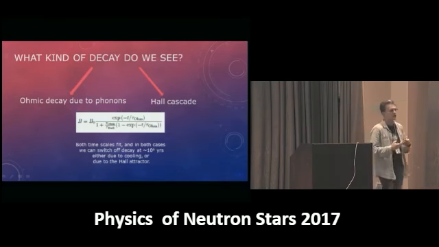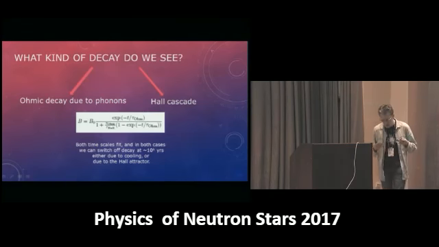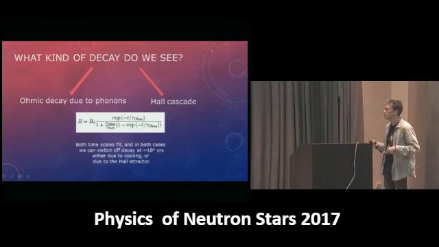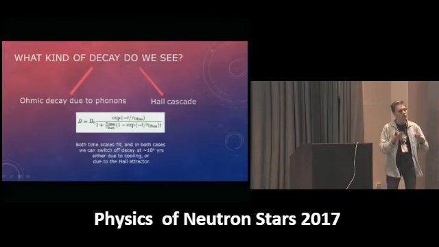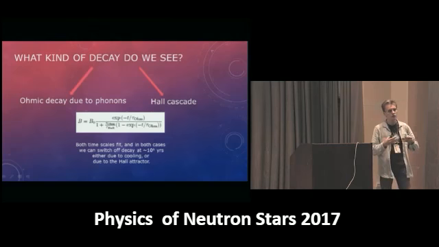Either it is just a pure ohmic decay on phonons, which exist in the crust while it is hot enough, when the temperature is above a few tens of million Kelvin. Or the most important ingredient which drives the magnetic field evolution is the Hall cascade, which normally is working in magnetars, but of course it can exist also in less magnetized neutron stars. Simply the time scale would be longer.